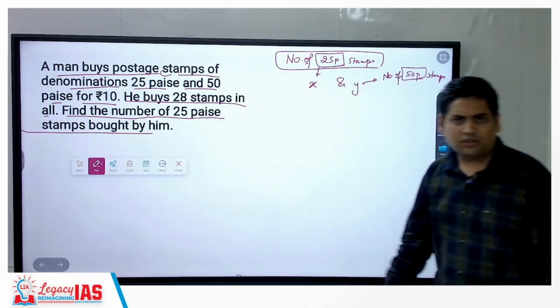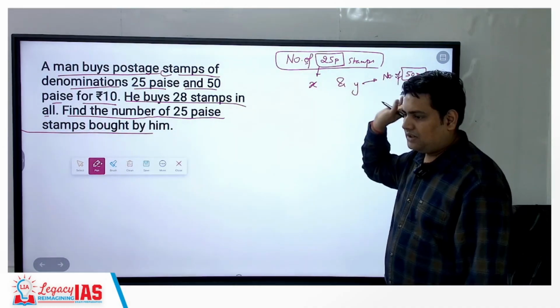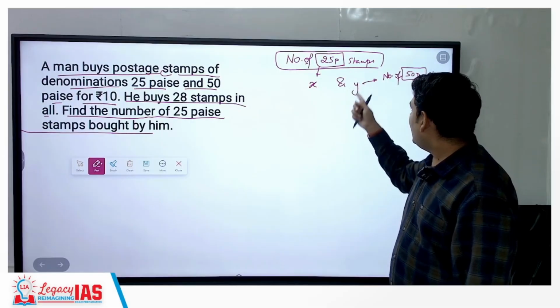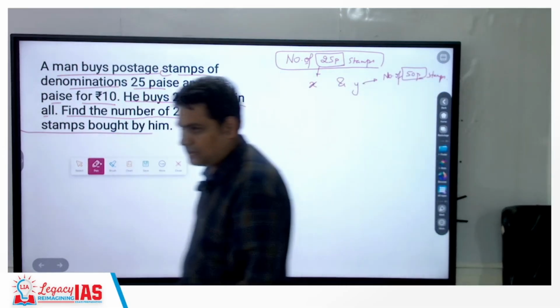This I can do, correct? So X is the number of 25 paise stamps, Y is the number of 50 paise stamps.